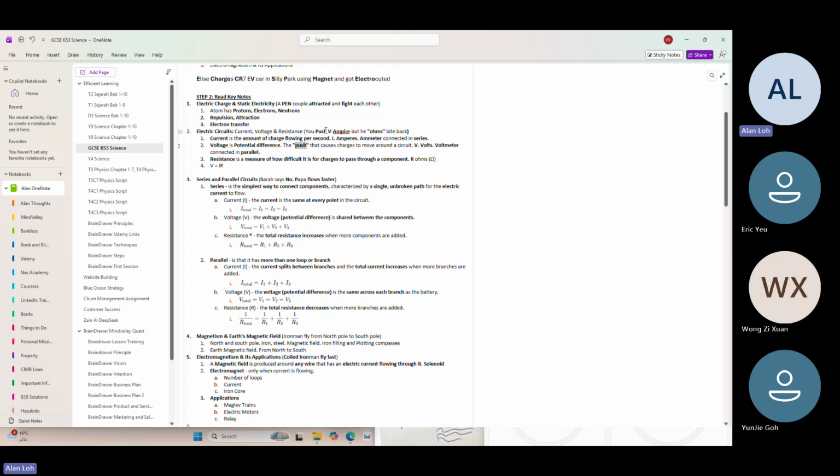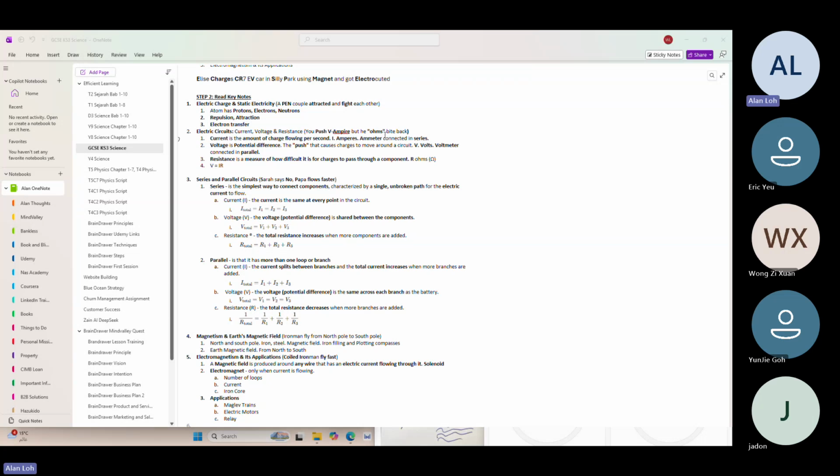And the vampire starts with V. V also, you can use it to represent voltage. The empire sounds like amperes, so it represents the unit of current. And the ohm is the unit of resistance.